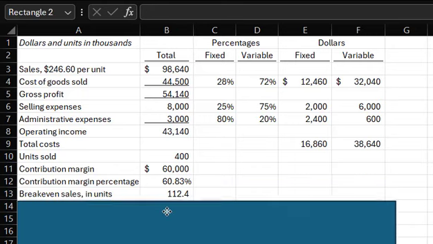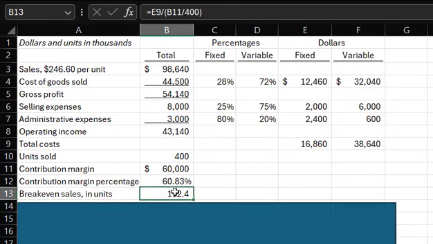Okay, so from there, we can calculate break even. And the formula for break even is fixed cost divided by contribution margin per unit. Oh, and I see that I actually typed this in. I think that should go there to make this a little bit more consistent.